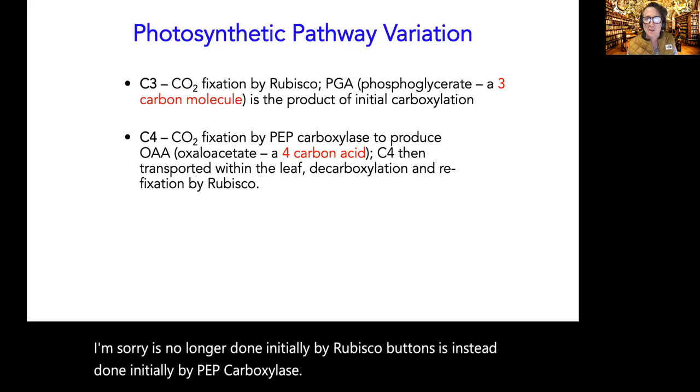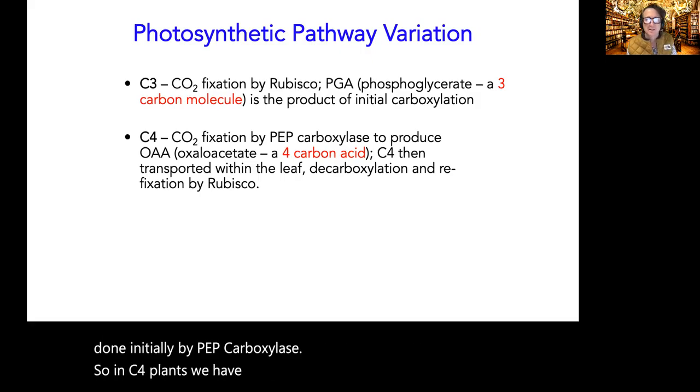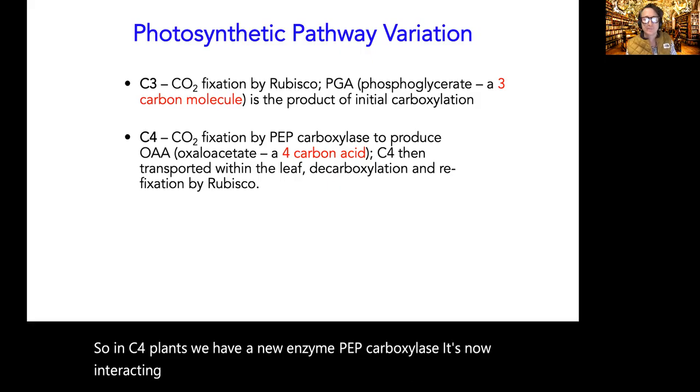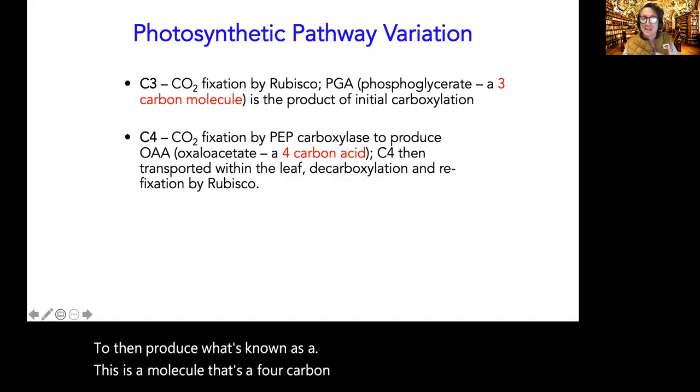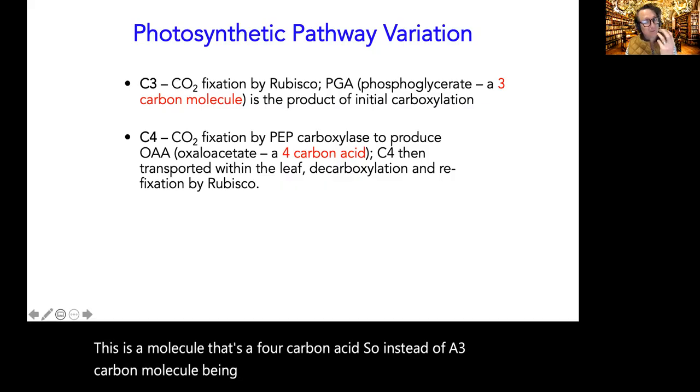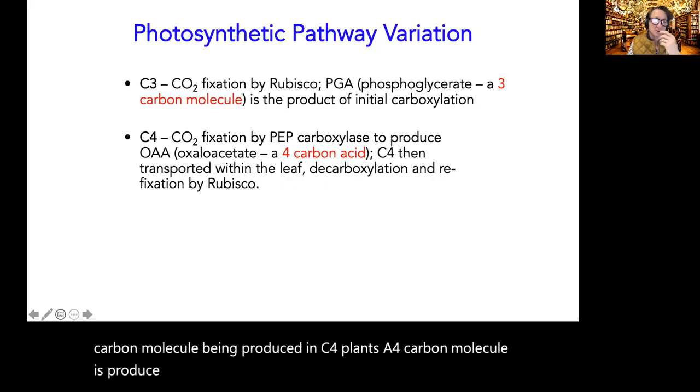So in C4 plants, we have a new enzyme, PEP carboxylase. It's now interacting with CO2 to produce what's known as OAA. This is a 4-carbon acid. So instead of a 3-carbon molecule being produced in C4 plants, a 4-carbon molecule is produced, hence 4 in C4.